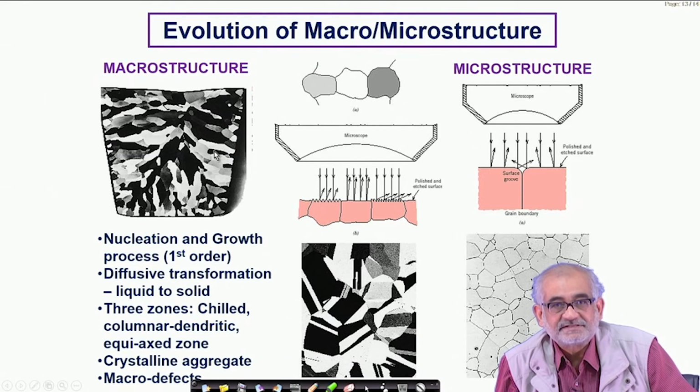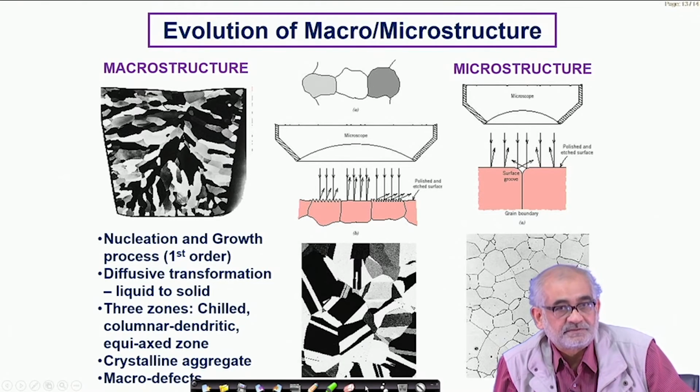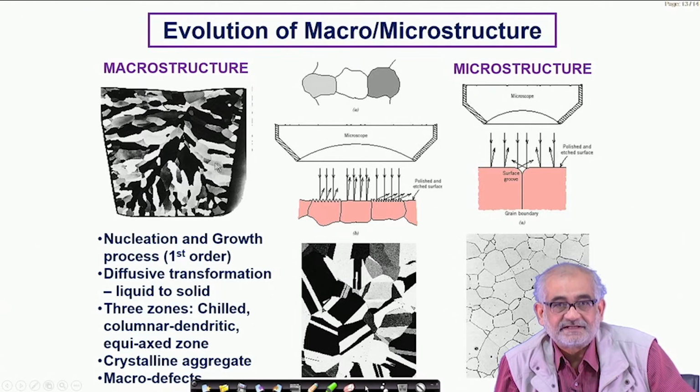And since the atomic densities are different, they actually have different degrees of reflectivity. And because of that, we are seeing different colors or different lusters of these crystallites. This actually is a macrostructure which is possible to be seen even by the naked eye.